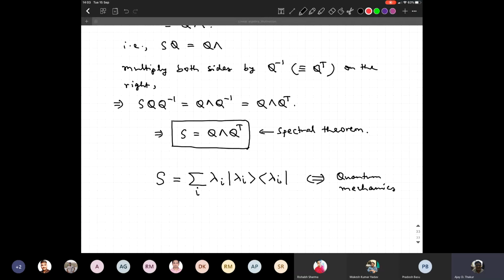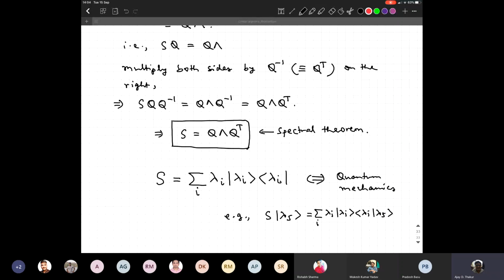So if we apply this S on lambda 5, that is equivalent to the sum over i of lambda i, bra lambda i, ket lambda 5.